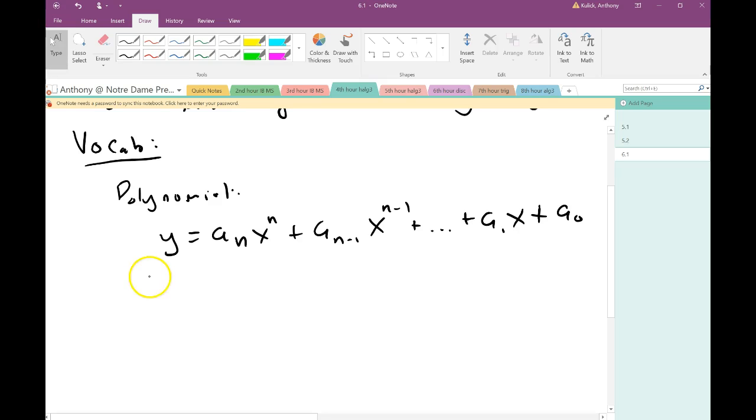This polynomial is actually a sum of monomials.